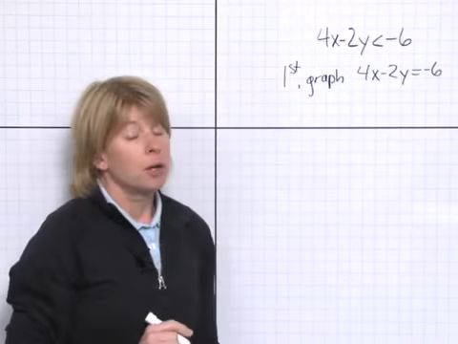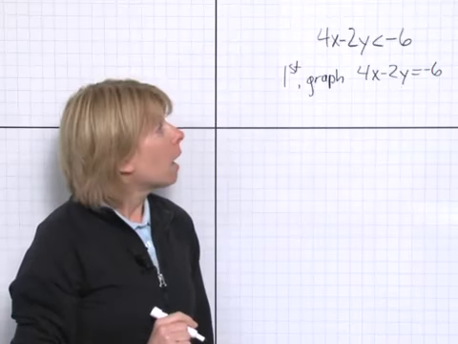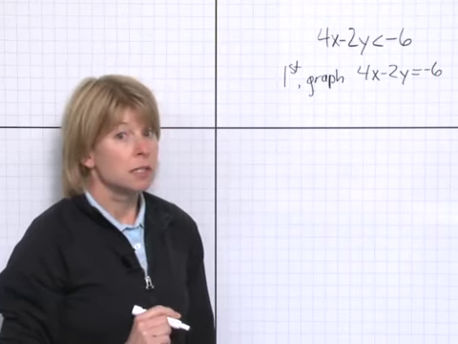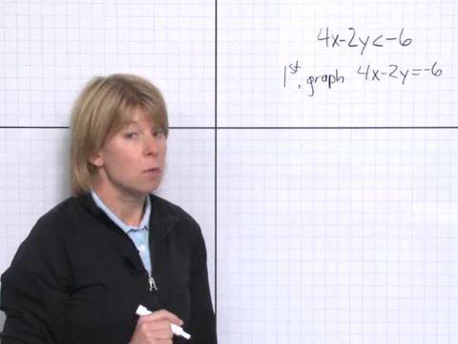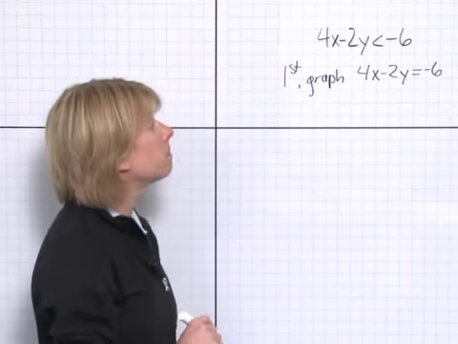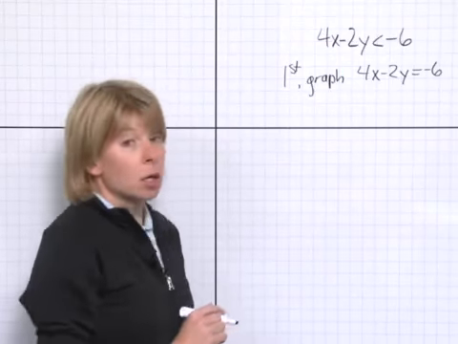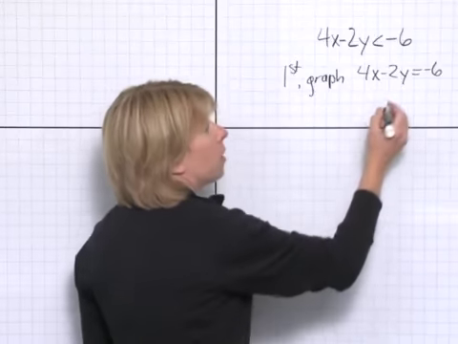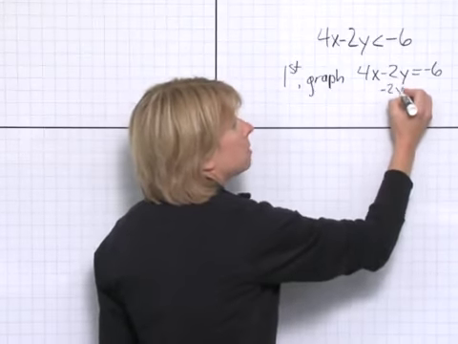Now to graph that line I could use a table of values. I think for this one I will write the equation in slope-intercept form and use the y-intercept and the slope to graph the line. To write it in slope-intercept form I need to solve it for y. So I'm going to subtract 4x on both sides.